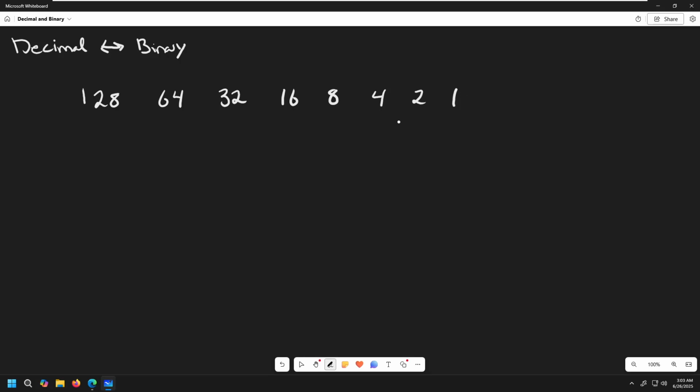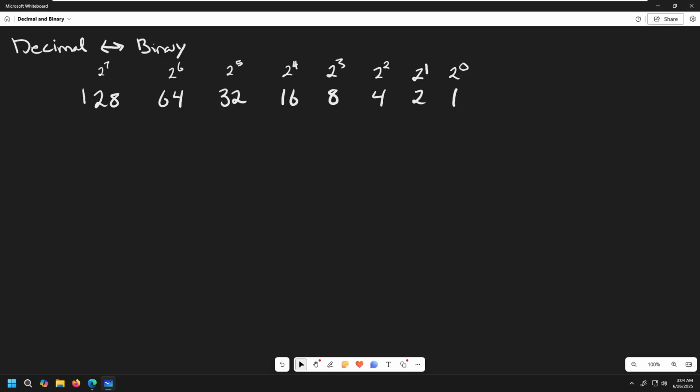These numbers, because we are using binary, come from the numbering system to a starting power of 0. 2 to the 0 is 1. 2 to the first is 2. 2 to the second is 4. 2 to the third is 8. 2 to the fourth is 16, so 2 times 2 times 2 times 2. 2 to the fifth is 32. 2 to the sixth is 64, and finally 2 to the seventh is where we get these values. Just FYI.